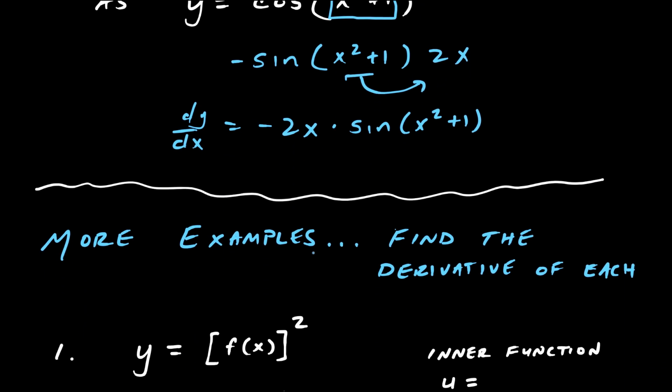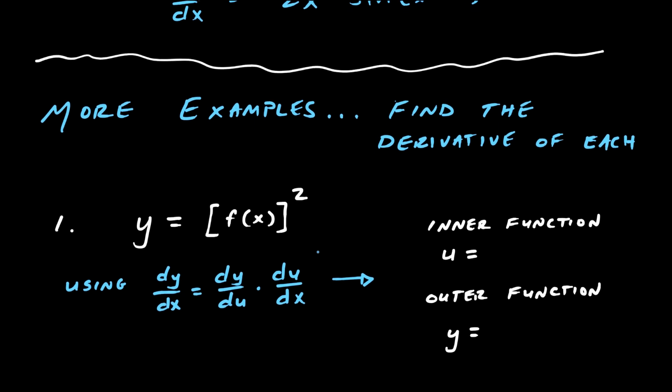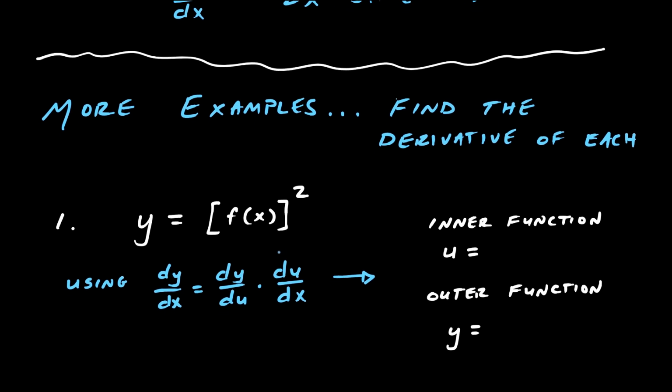So from here on in, we should be looking for an inner function whenever possible. Here's another example where we can see that in this case, f of x is our inner function, so we'll identify that. And our outer function, well, if f of x is replaced with u, it's simply u squared.